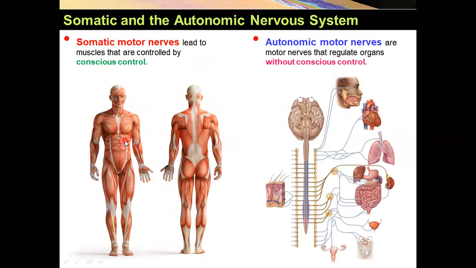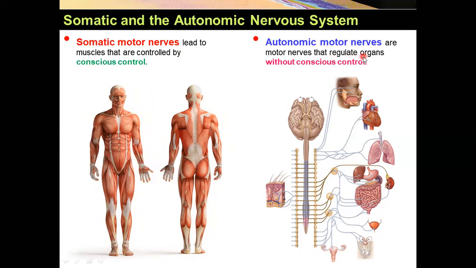So the somatic nervous system innervates the striated muscles of the body, muscles of upper and lower extremities, and also innervates the skin, and receives GSA information, general somatic afferent information, from the skin and the striated muscles.